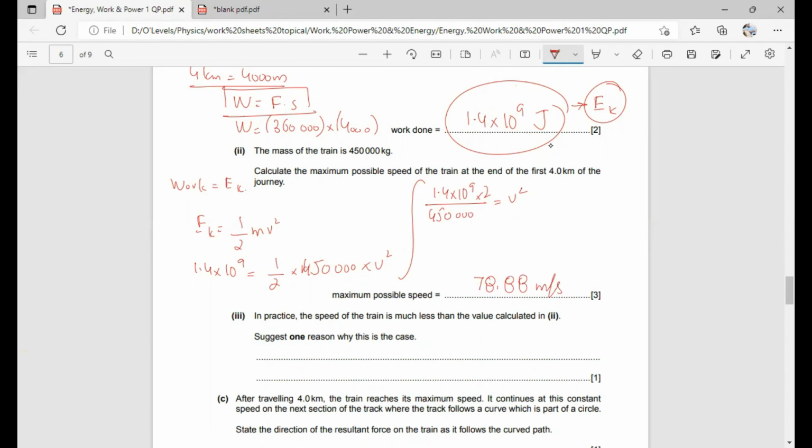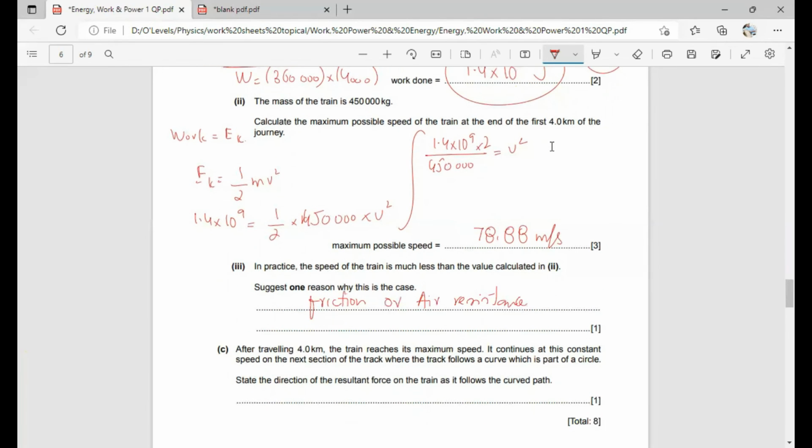We can use a single word now because the train is moving on a track, horizontally, so there is friction or air resistance.